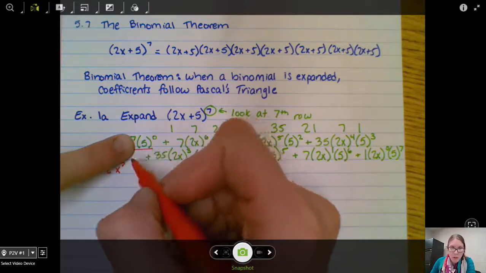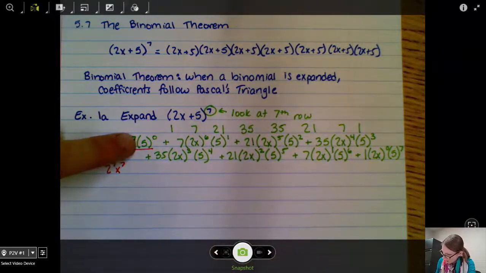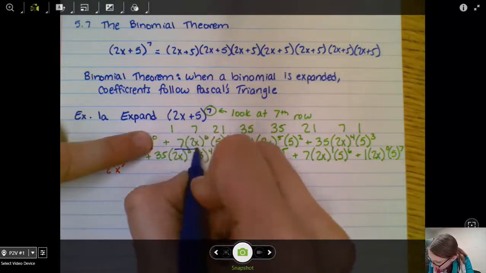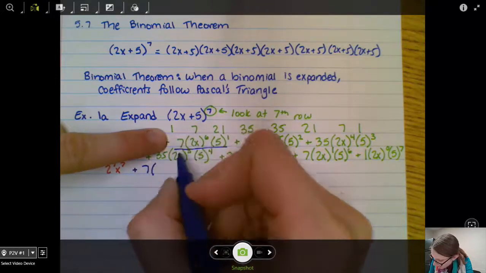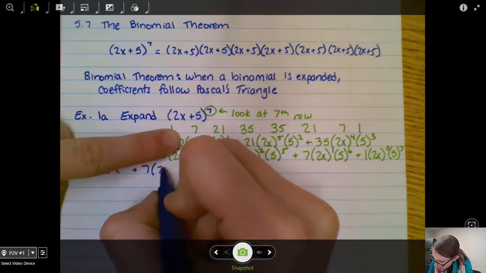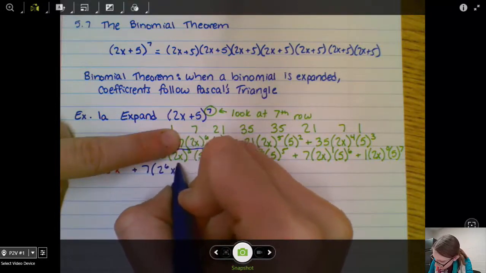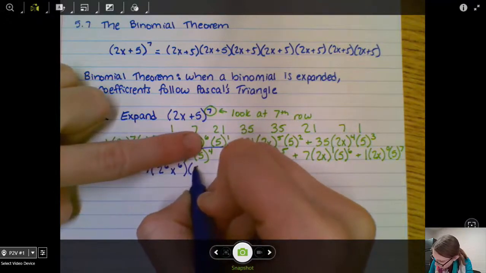Times 5 to the 0th power is just 1. Plus 7 times 2x to the 6th power, I have to take 2 to the 6th power and x to the 6th power, times 5.